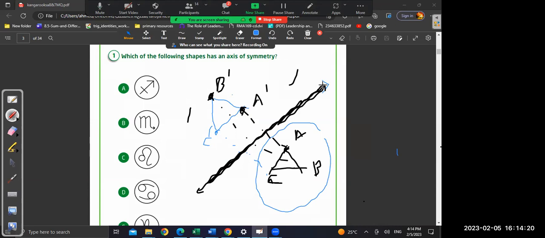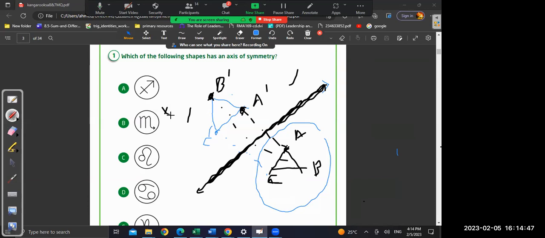Look, the question is, can we draw a symmetry line through the shapes? What shapes among the shapes can we draw a symmetric line? So look, guys, take this one, number B. Can we draw a symmetric line or an axis of symmetry through it?